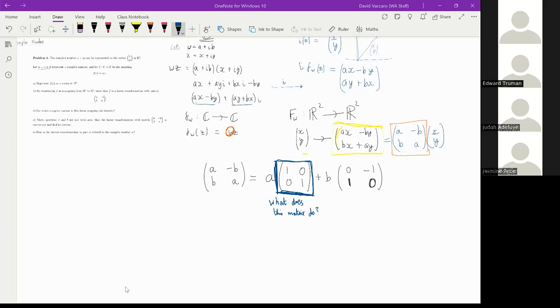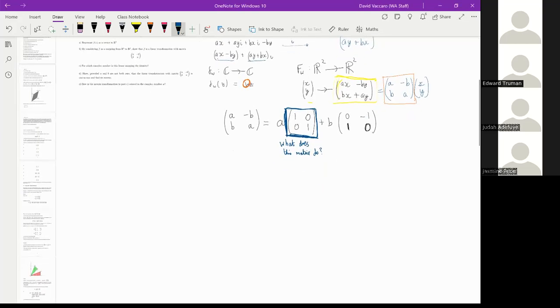Someone's put in the chat, it's the identity, it maps to itself. Let's see what this means. If we consider the matrix (1, 0; 0, 1), and we look at its action on (x, y), then the output is (x, y). So this matrix is what is called the identity matrix.